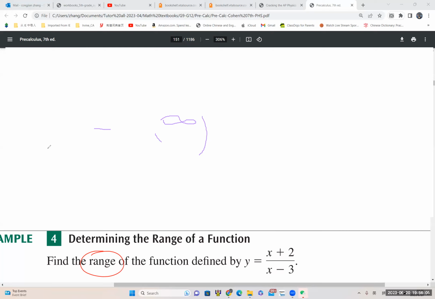It should just be this. I'm not too sure. I don't think it's right. Negative infinity to, wait, 1. Right? No, wait. Let me check. I just realized.